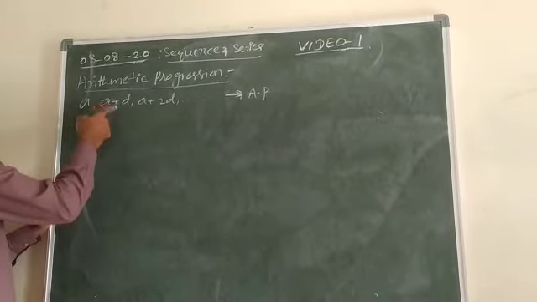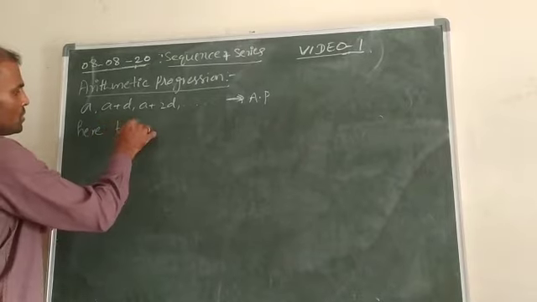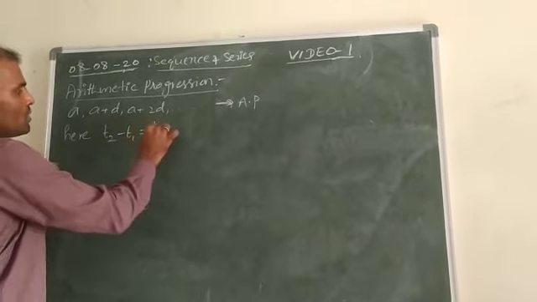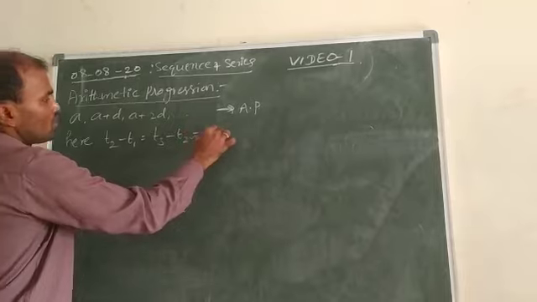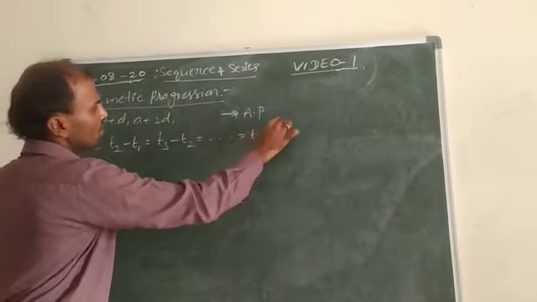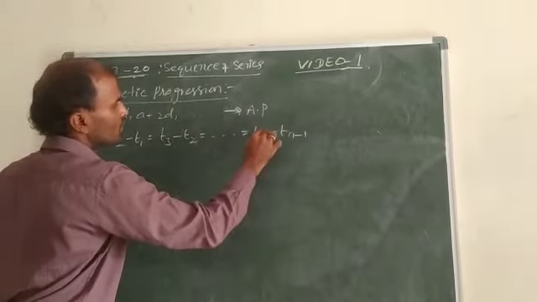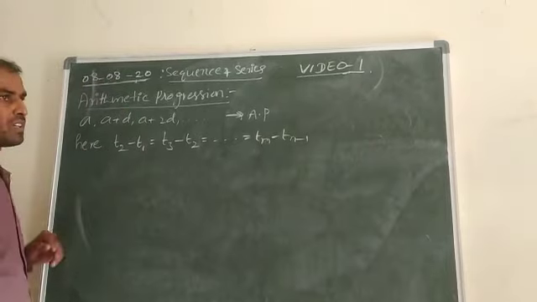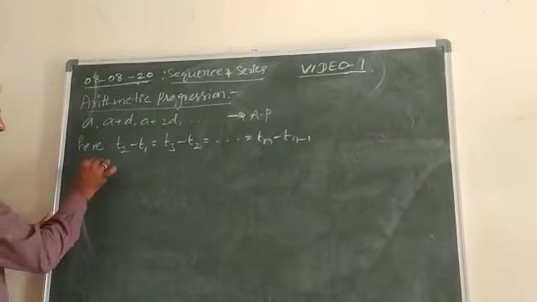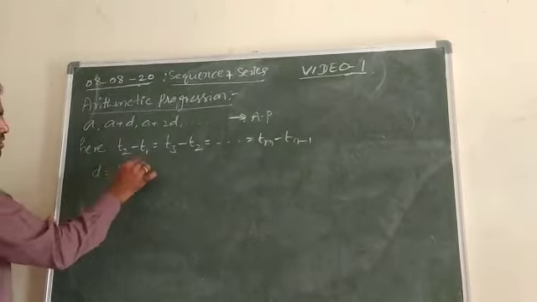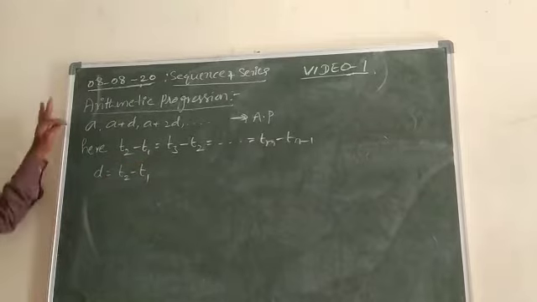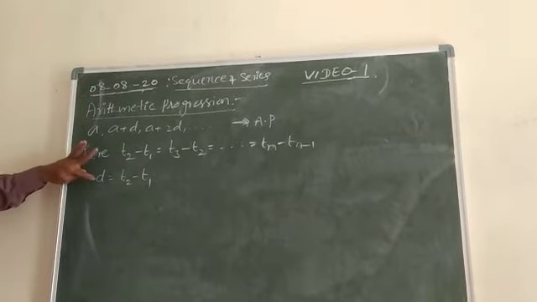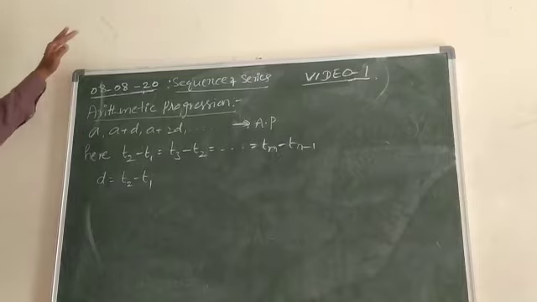The difference between any two consecutive terms, that is T2 minus T1 is equal to T3 minus T2 is equal to and so on, Tn minus Tn minus 1. This is called the common difference and it is denoted by d, that is d is equal to T2 minus T1. Here a is called the first term, d is called the common difference.